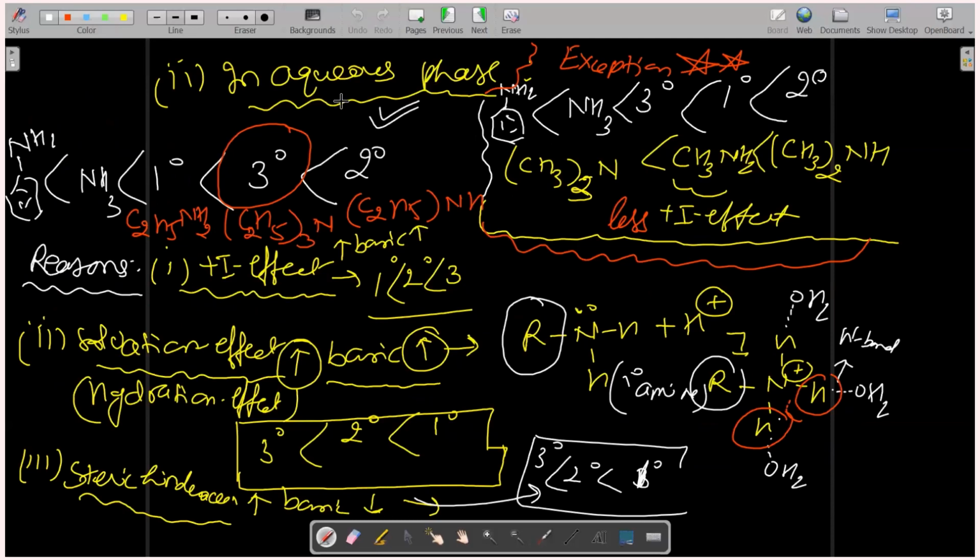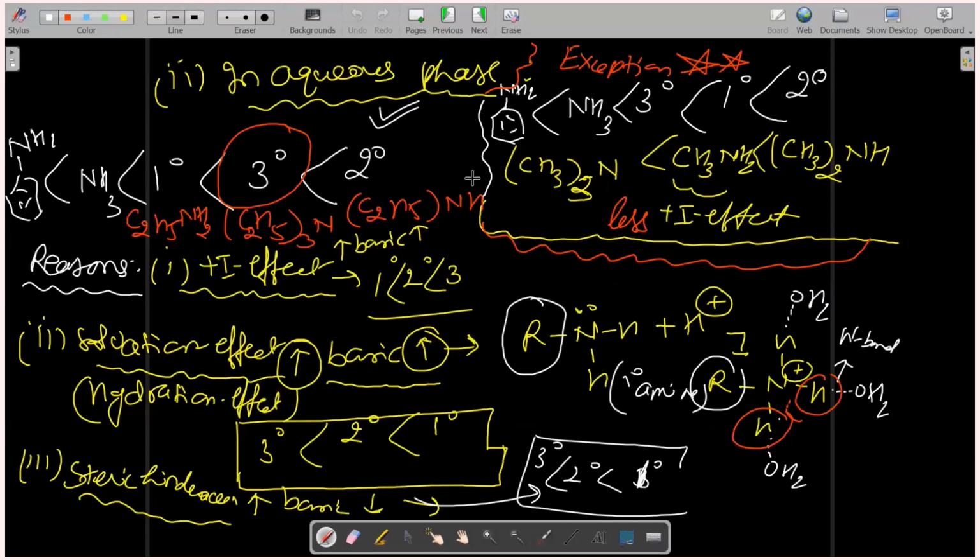In gas phase it was only the plus I effect, but in aqueous phase, along with the plus I effect, the aqueous effect is also coming, or we can say solvation effect or hydration effect. So due to this effect, the order of basic character of amines will not be the same; it will change. How will it change?